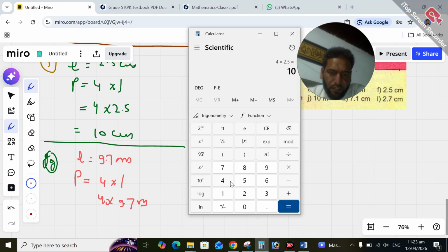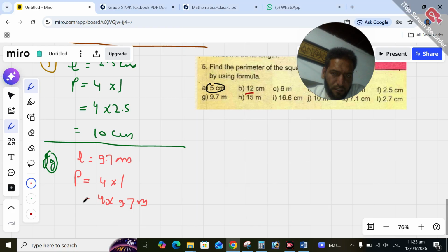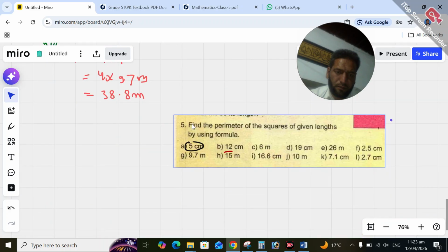Just multiply 4 multiplied by 9.7. The required answer is 38.8, the perimeter of this square.